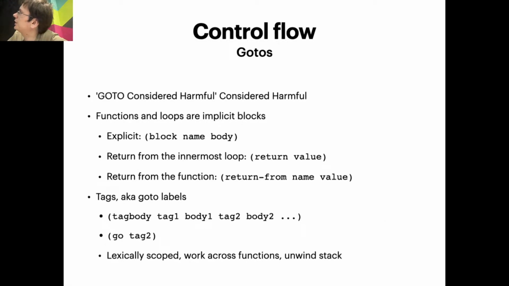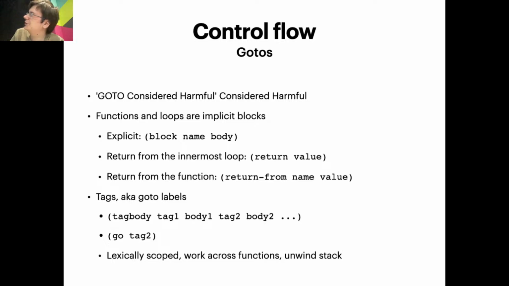And we have more basic control flow primitives. Goto is, as we know, considered harmful, but it can be actually useful. For example, when you are writing a compiler, when you really want raw gotos for your intermediate language.